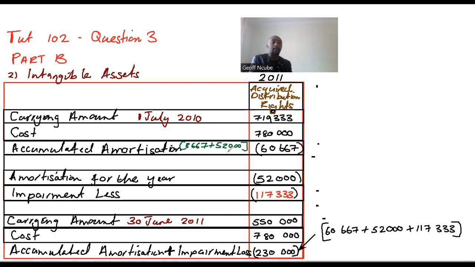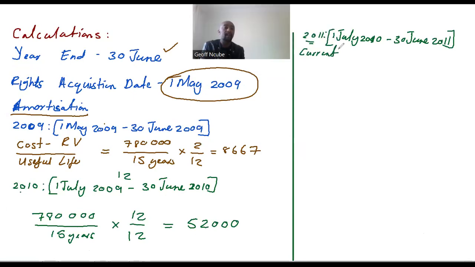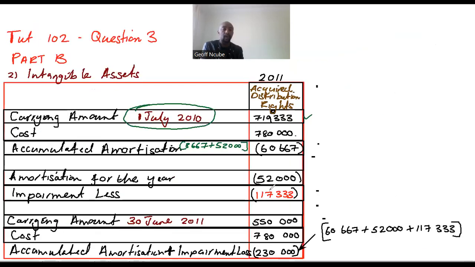That's your amortization at the beginning of the year, as I wrote, because all these were the previous years. If you say cost minus that, you get your carrying amount. And then for the current year, we are also going to have the same effect. Remember, it's going to be the same cost over 15 years multiplied by 12 over 12, giving us 52,000. So that will become your current year amortization there.